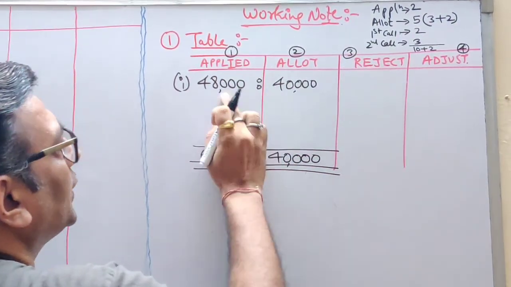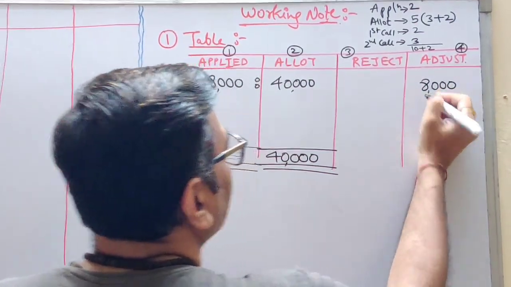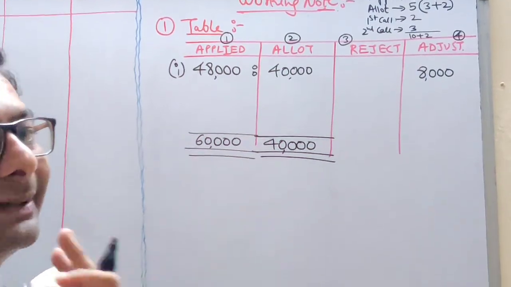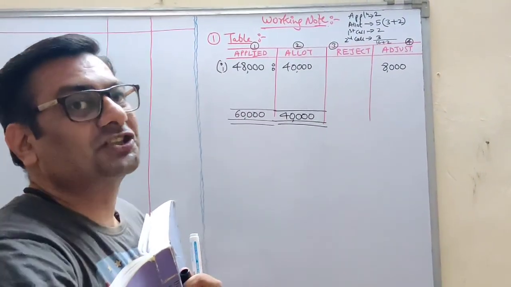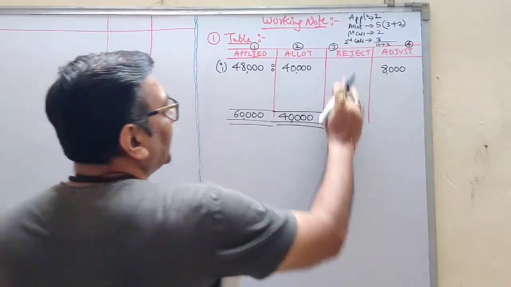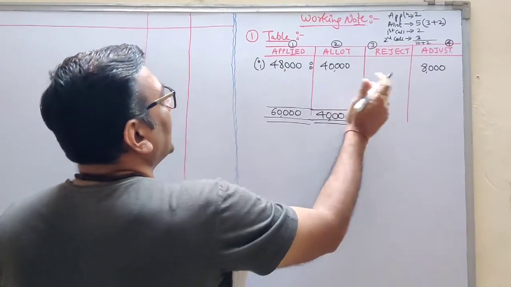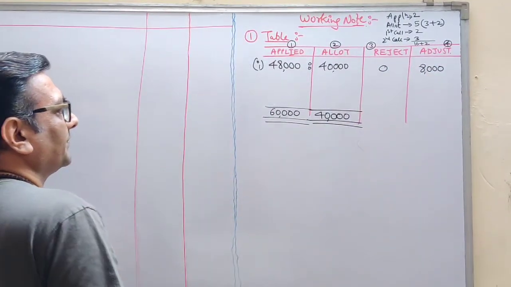Partial allotment, you will write the difference in the adjusted column, 8,000. When to write in rejected column? When you are completely rejecting it. I mean to say, not a single share given to them. Then only you write in rejected column. Since this is a partial allotment, you will write the difference in adjusted column, nothing in rejected.